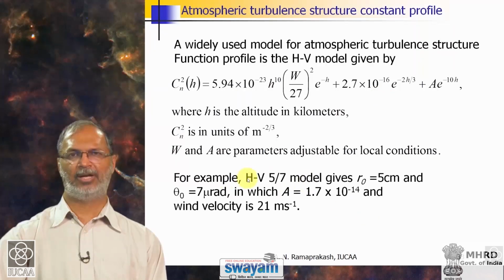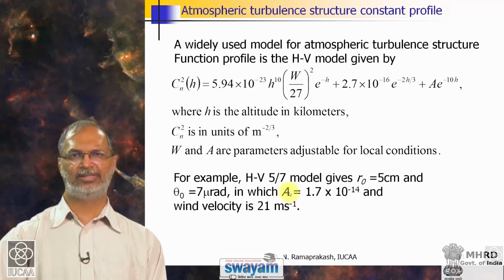For example, an HV 5/7 model gives r0 to be 5 centimeters and theta 0 to be 7 microradians. In a typical 5/7 model, A is 1.7 times 10 to the minus 14, and the velocity of wind is 21 meters per second.